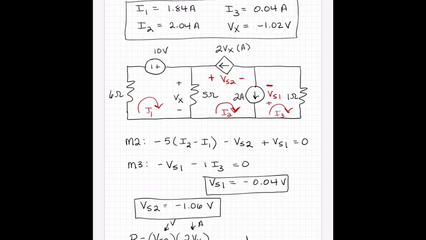And so this power is equal to 2.16 watts delivered. The voltage Vx was negative, the voltage Vs2 was negative, so I ended up with positive watts delivered.